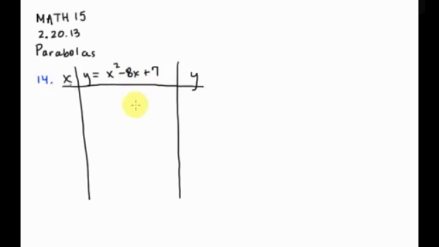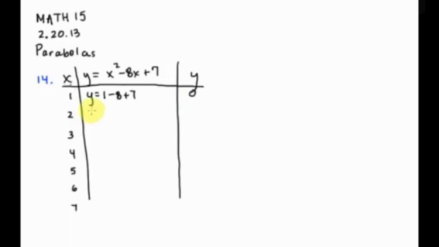Interval is from 1 to 7, so 1, 2, 3, 4, 5, 6, and 7. So what do we do here? Just plug in x anywhere you see one, kind of like a function chart. So 1 minus 8 plus 7, it's going to be 0.